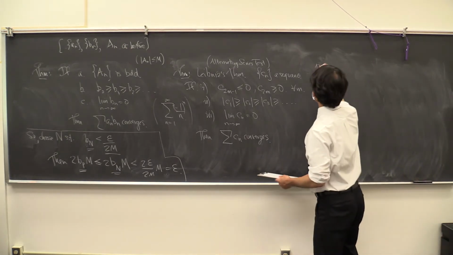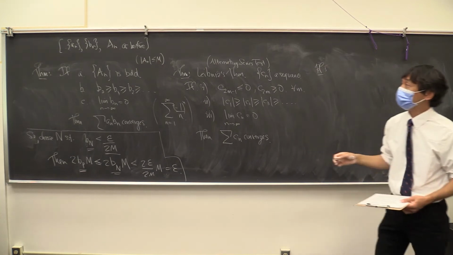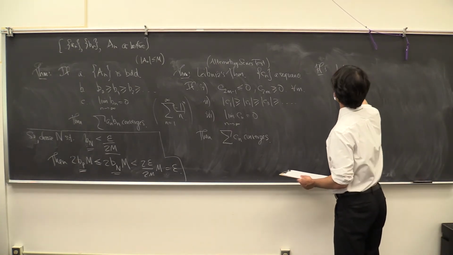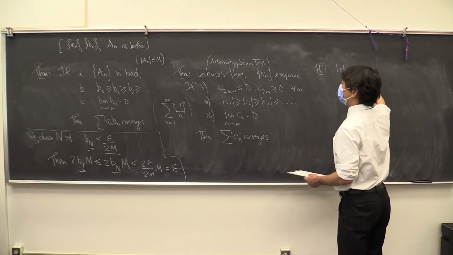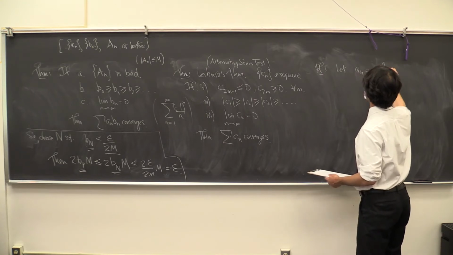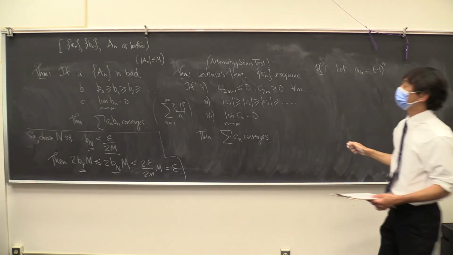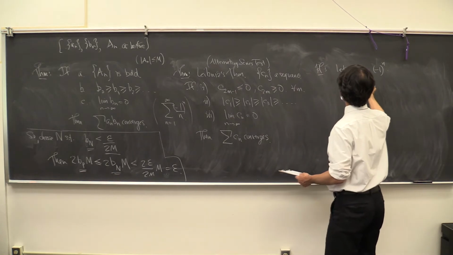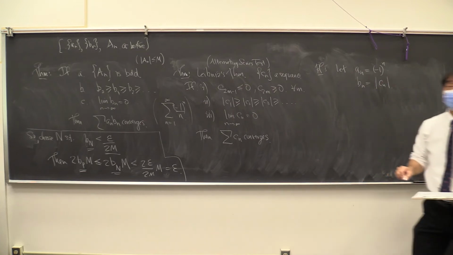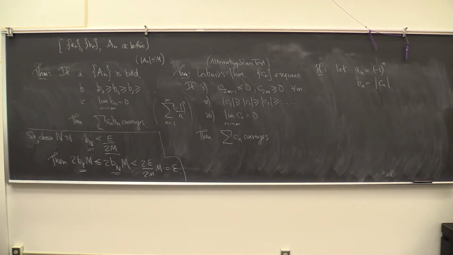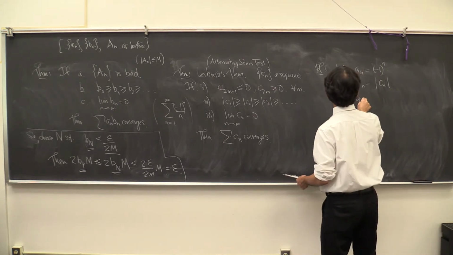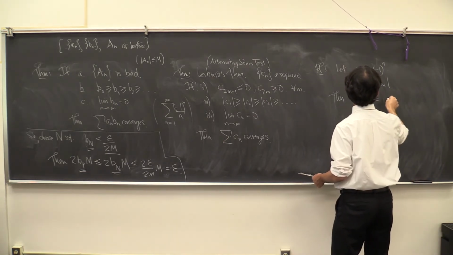Okay, and the proof is just to apply the previous theorem. Let a sub n be (-1)^n, and let b sub n be the size of c sub n. Then a sub n times b sub n is just c sub n.